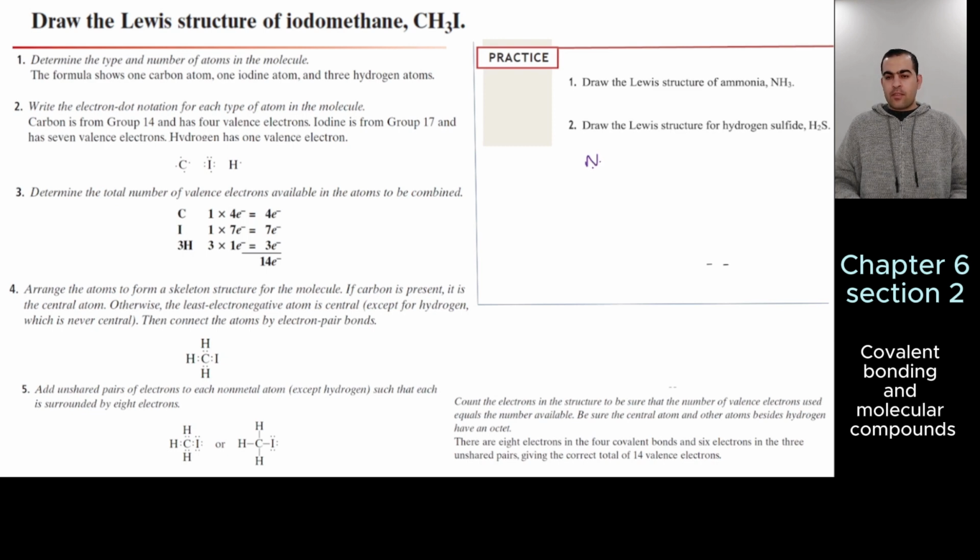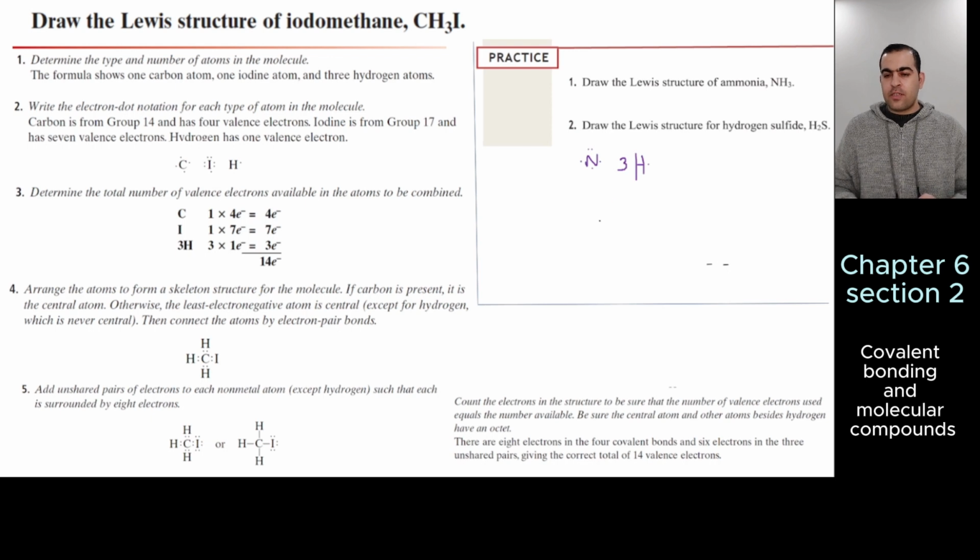I will give it in the exam: 1, 2, 3, 4, 5. Hydrogen has 1 valence electron. We have 3 hydrogens. So in total we have how many valence electrons? 5 plus 3 from the hydrogens, 8 electrons.